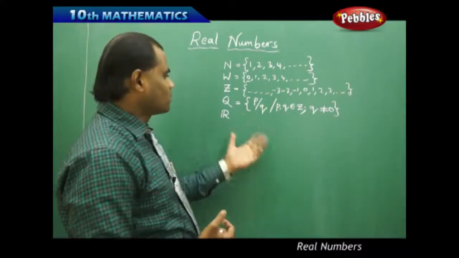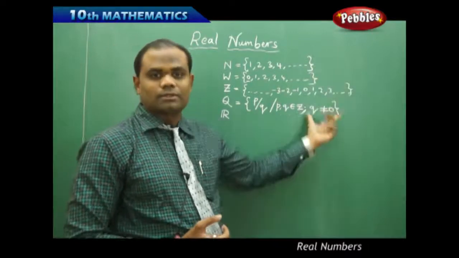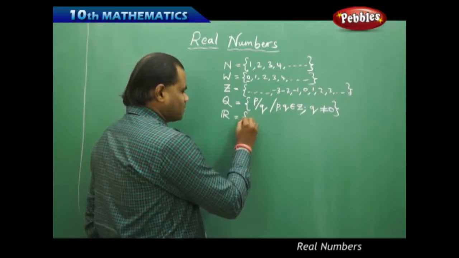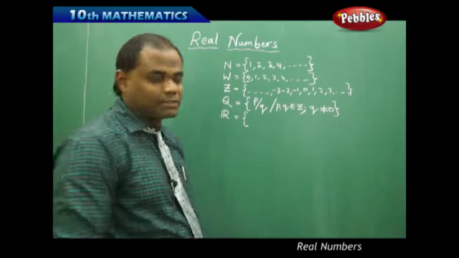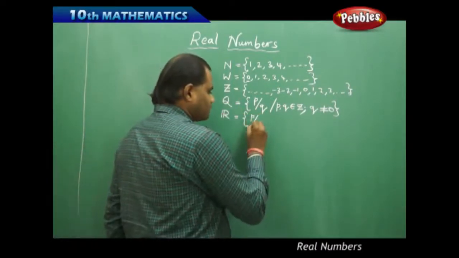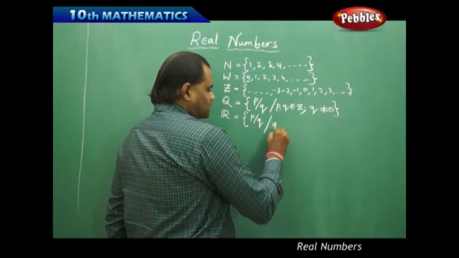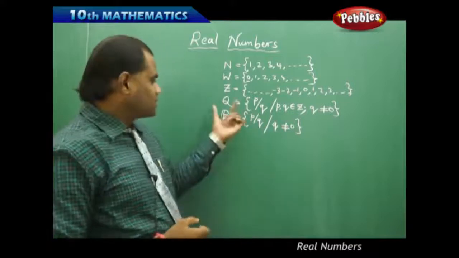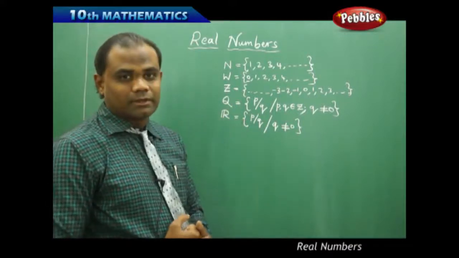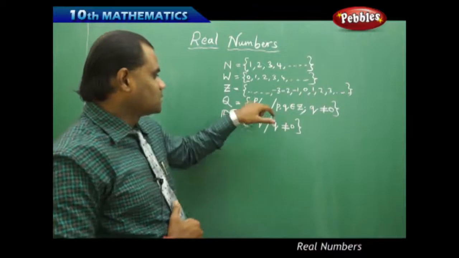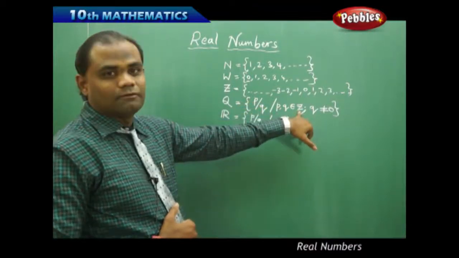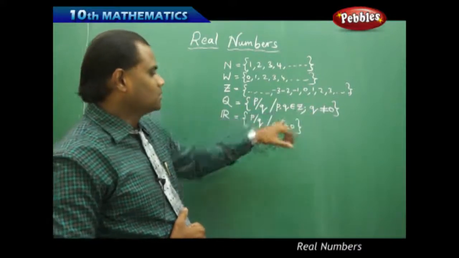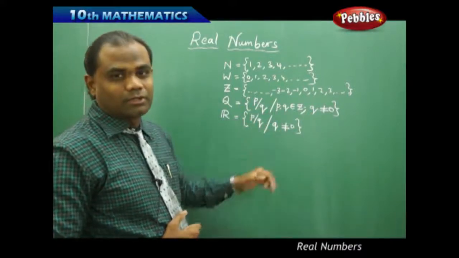We're going to discuss rational numbers more briefly in this topic, but before that, let me also define the real numbers, which are given in the form p by q such that q is not equal to 0. So what is the difference between rational numbers and real numbers? Rational numbers have the restriction that both p and q, which are the numerator and denominator respectively, must be integers, but in this case p and q need not be integers.